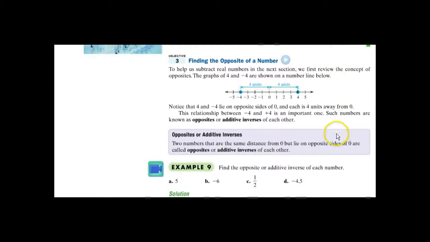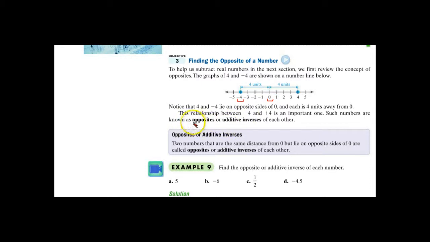All right, another little concept here. Finding the opposite of a number. Well, the opposite of a number is what we would add to it to make it a 0. So if we had a 4, the opposite of 4 is a -4, because if we add them together, we'd end up with a 0.